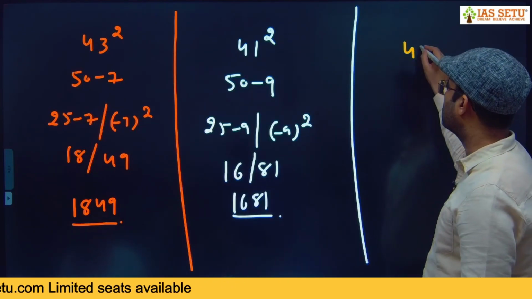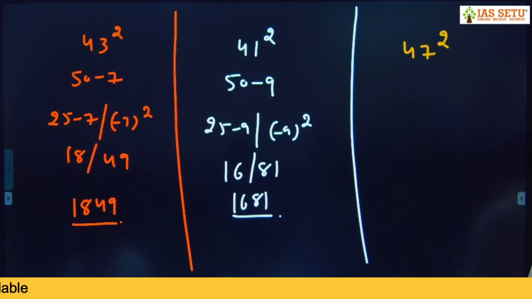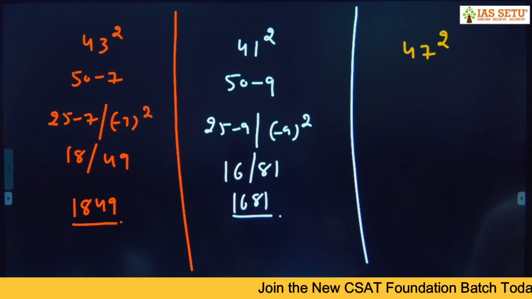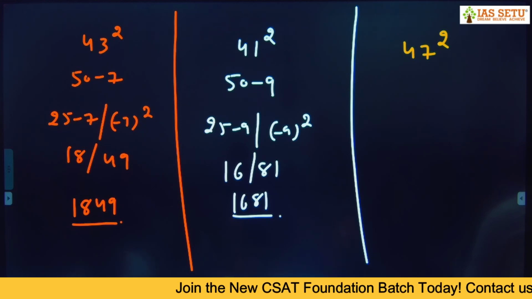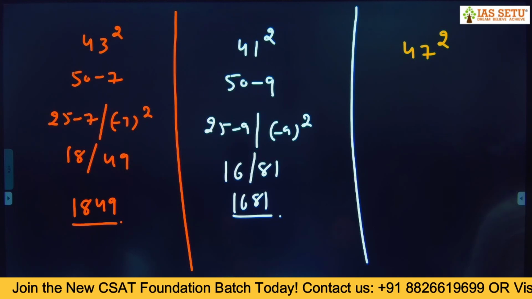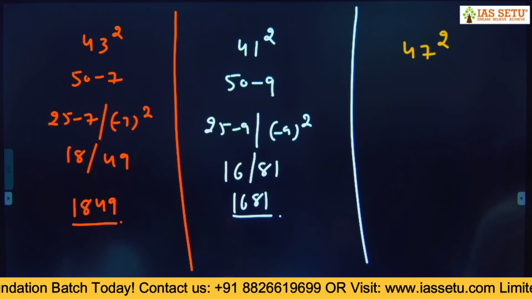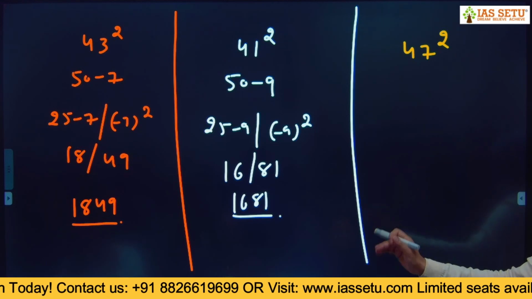Try 47 square. See, I'm happy many of you are doing it in your mind. So I expect, take a random value at your home.